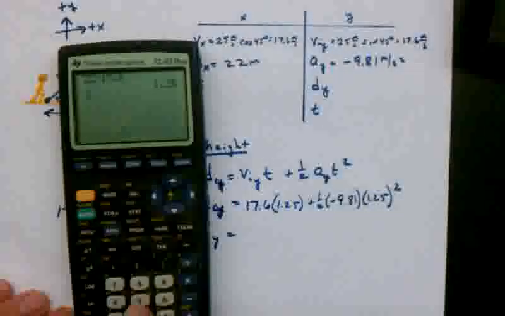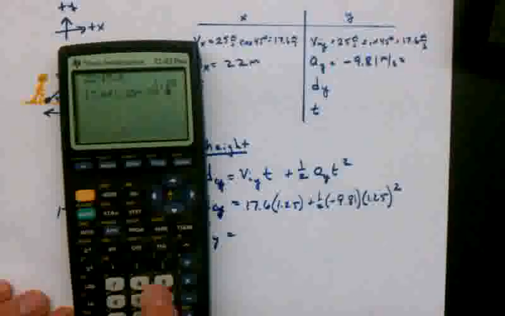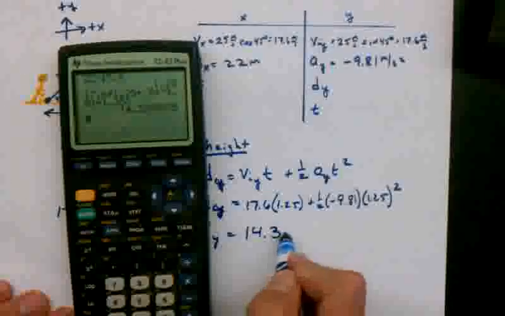Plug it into the calculator: 17.6 times 1.25 plus 0.5 times negative 9.81 times 1.25 squared. And I get 14.3 meters.